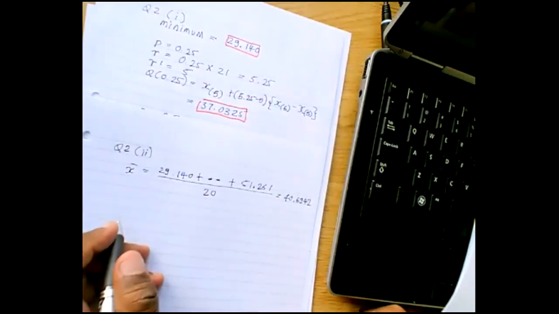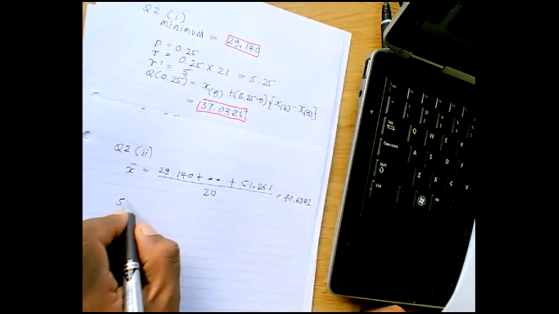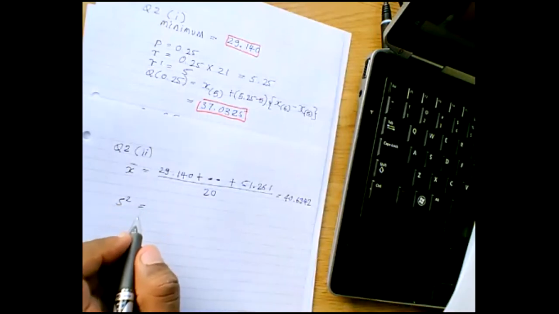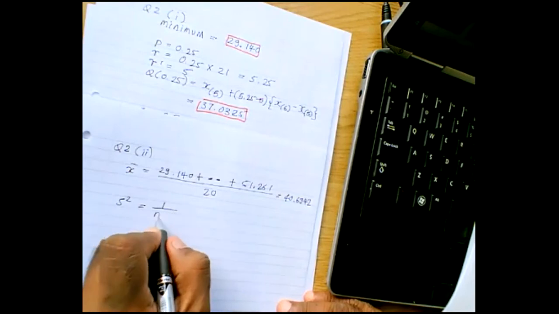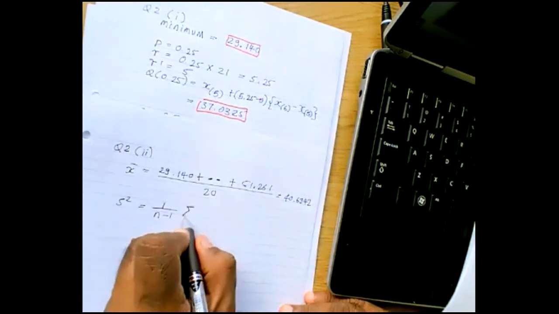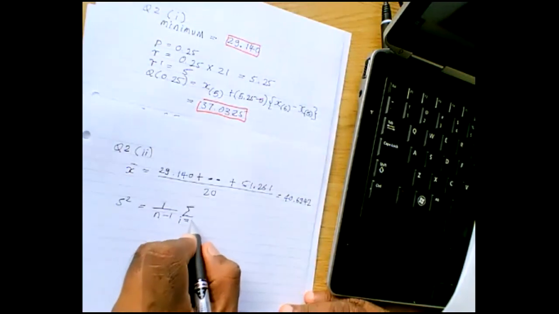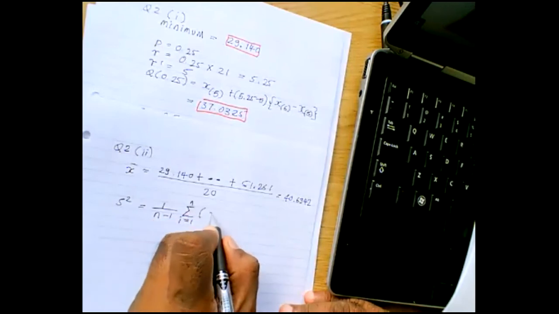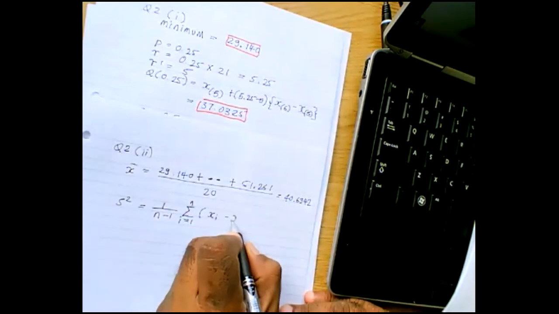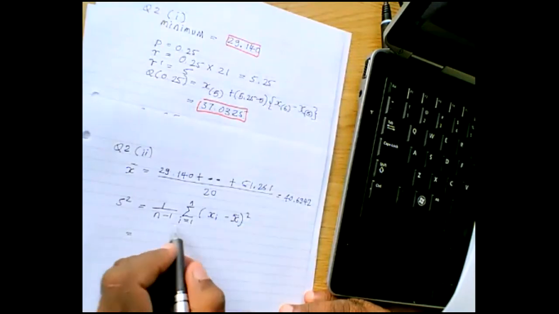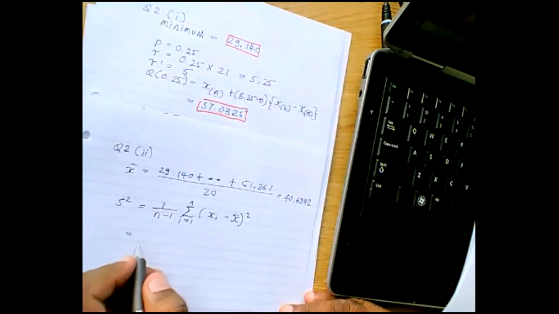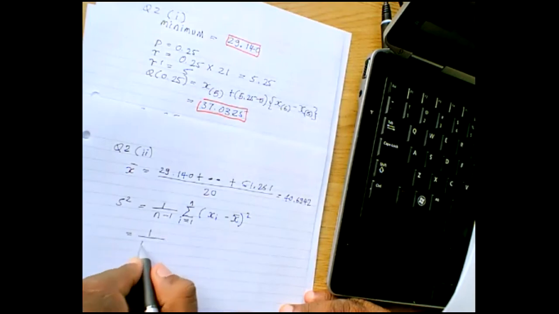Now, to find the sample standard deviation, first you need to compute the sample variance, right? You may recall the formula that I gave you. I gave you 2 different formulae for the sample variance. One of them is this one. The other one, which is the alternative form for this, is this one.